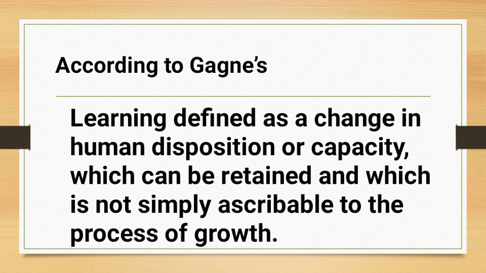So according to Gagne, learning is defined as a change in human disposition or capacity which can be retained and which is not simply ascribable to the process of growth.